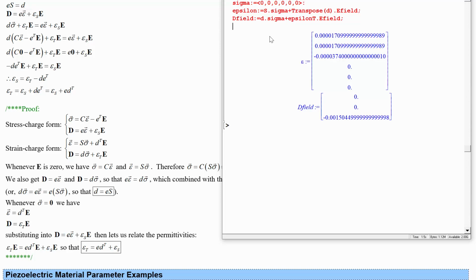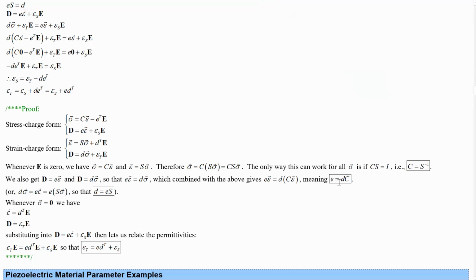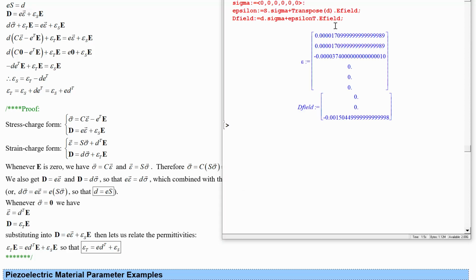Well, let's go and figure out what this E coupling coefficient is. To be able to do that, we've got to take the D matrix that we have and right multiply it by C. So we need to find the stiffness matrix, C.